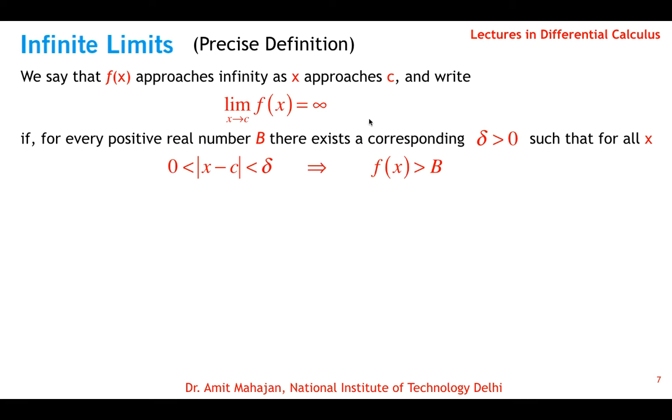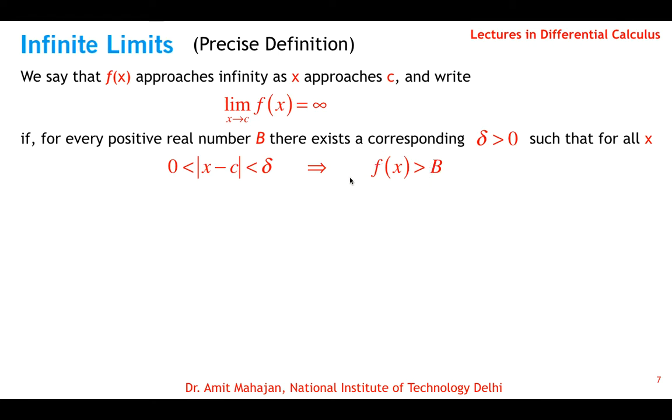We say that f(x) approaches infinity as x approaches c, and write that the limit as x goes to c of f(x) is plus infinity, if for every positive real number b there exists a corresponding positive delta such that for all x within delta distance from c, the function values grow much larger than b.